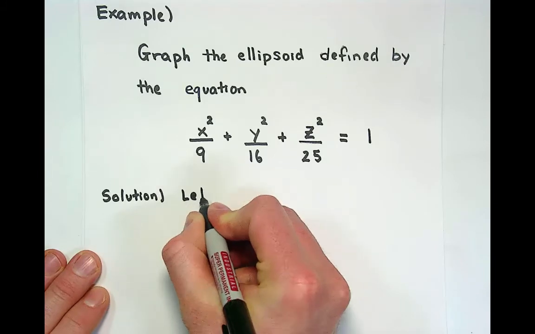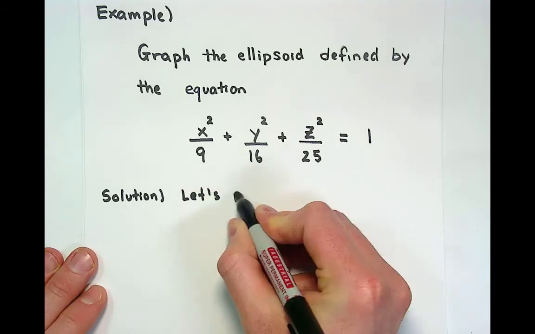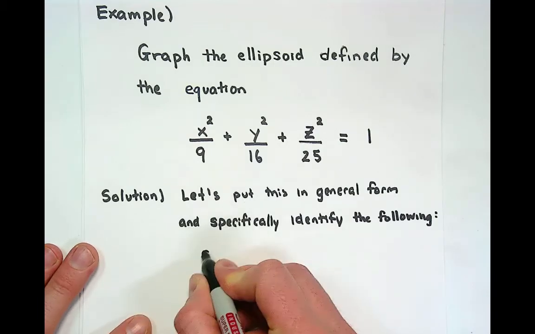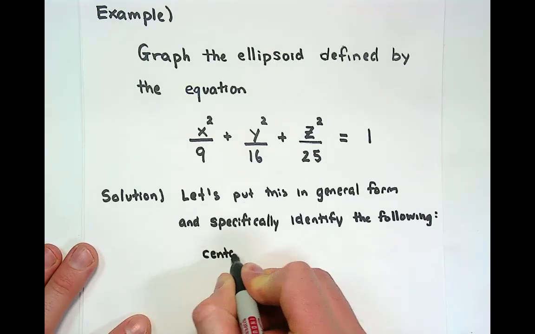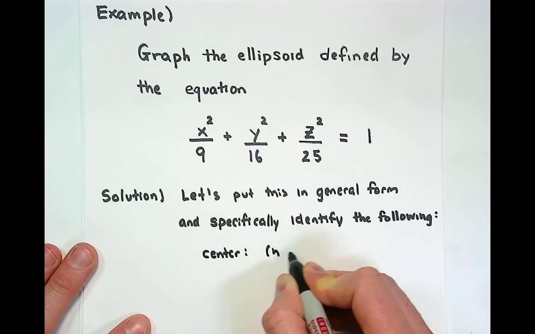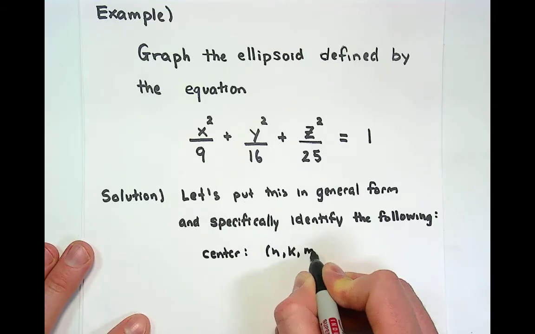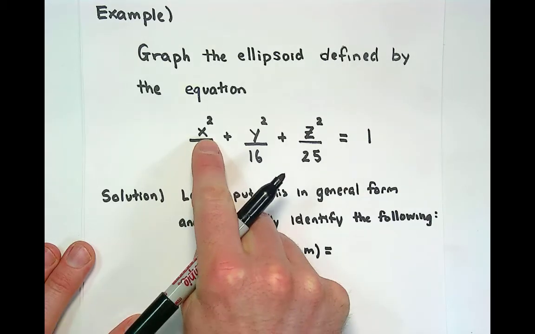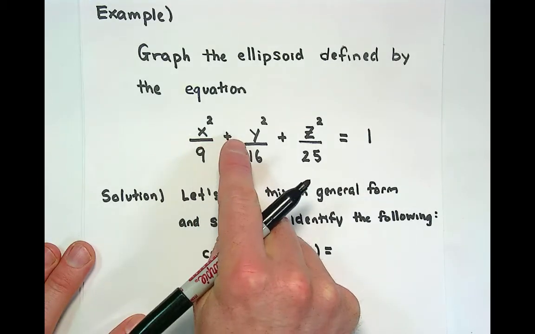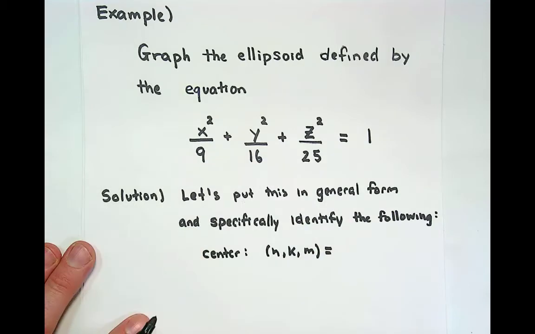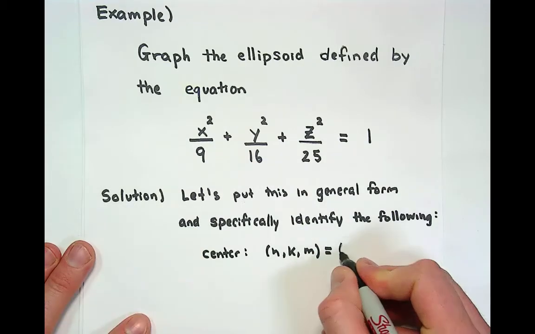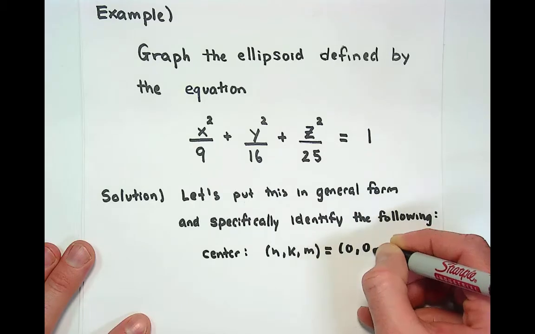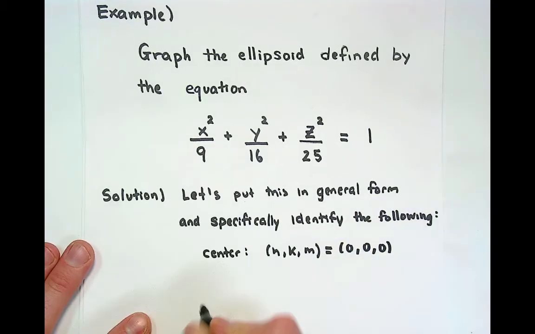In particular, let's put this in general form by specifically identifying the center, which we said was going to be h, k, m. In this case, there is no shift happening in either the x, y, or z component, and thus we conclude immediately that the center should be at 0, 0, 0.